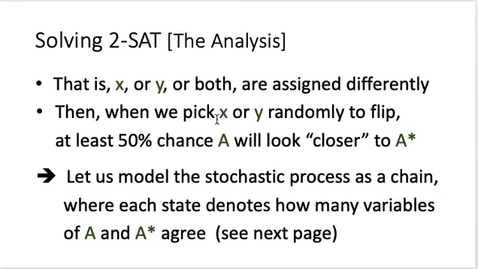So when we pick X or Y randomly to flip, at least 50% of the chance A will look closer to A star. So there are more values that are assigned to be matching. So let us model this as a stochastic process where each state denotes how many variables of A and A star agree. Let's use the next page.